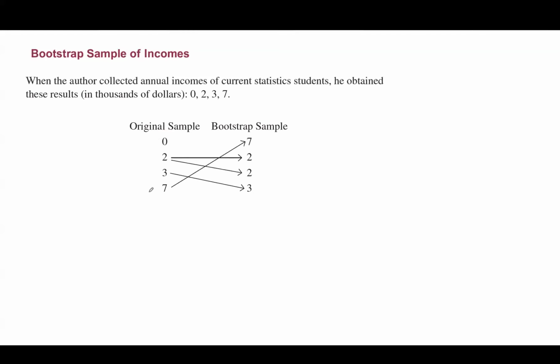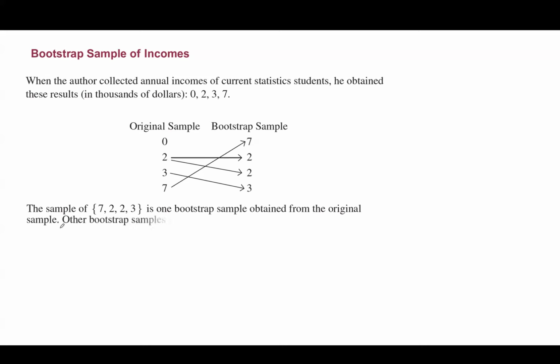So selection with replacement. The sample of 7, 2, 2, 3 is one bootstrap sample obtained from the original sample. Other bootstrap samples may be different.